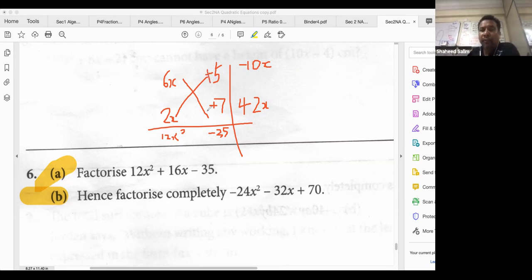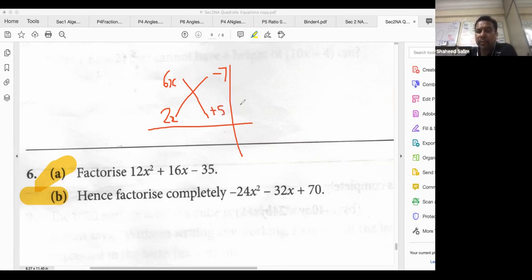Do 5 and minus on that. So shall we put minus 7 and plus 5 like that? Let's see.